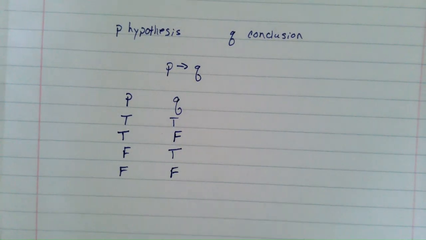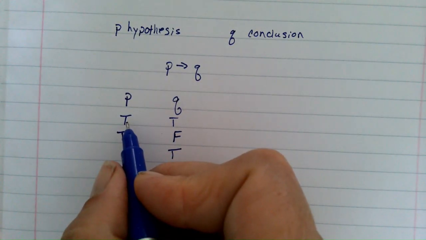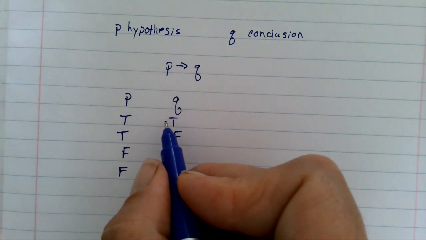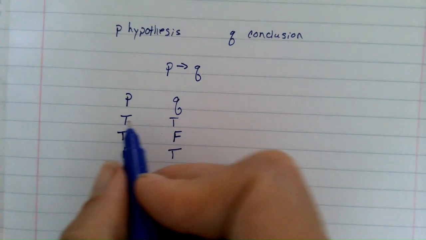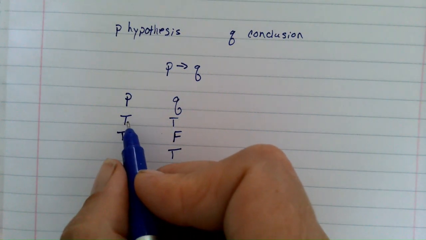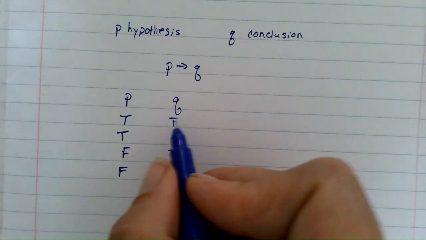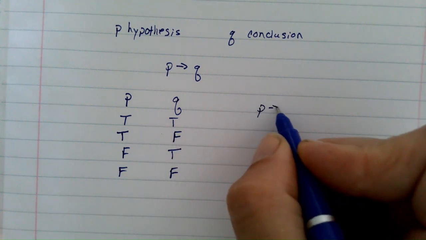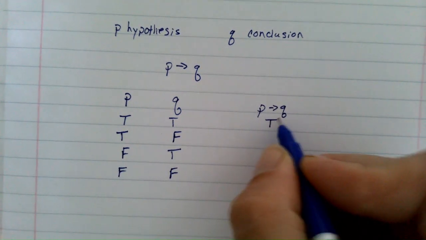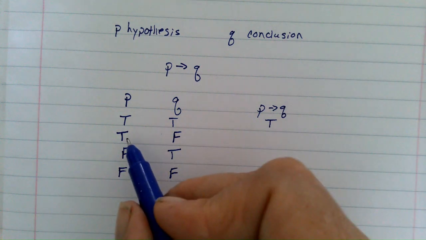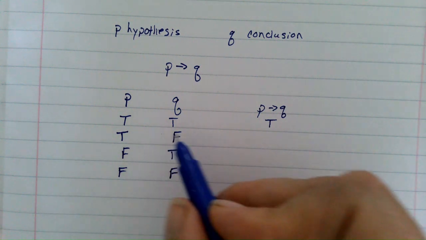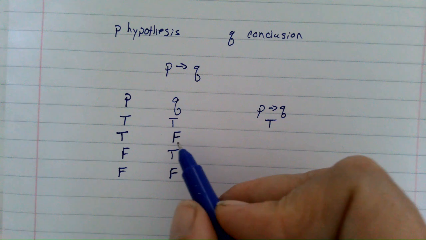Okay. If you clean your room is true, then you can go to the game. So if your room is clean and you went to the game, is that a true statement? Absolutely. If you clean your room, then you can go to the game.